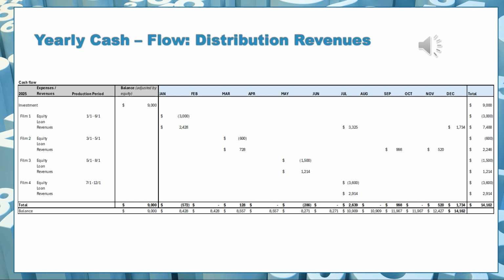In September, we're adding revenues of $998,000, which gets us to $11,907,000 in our cash flow pocket. Stays that way in October because nothing is spent, nothing came in. And for November, we are generating $520,000 and are cash flow positive in that month.